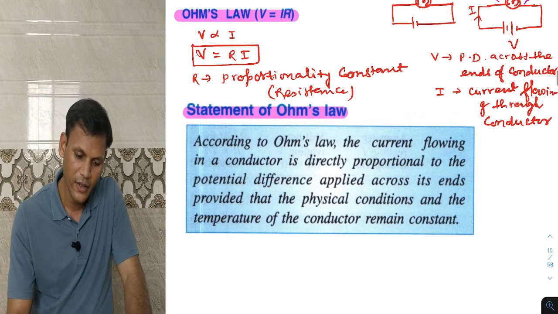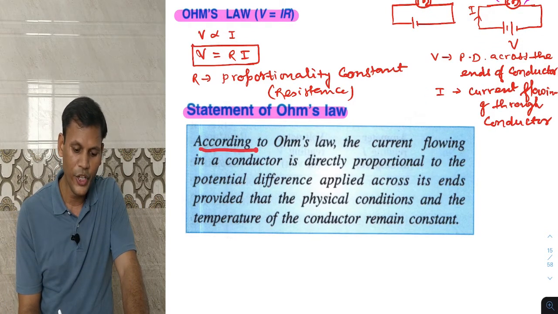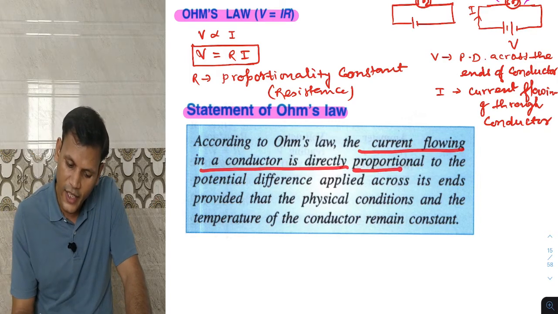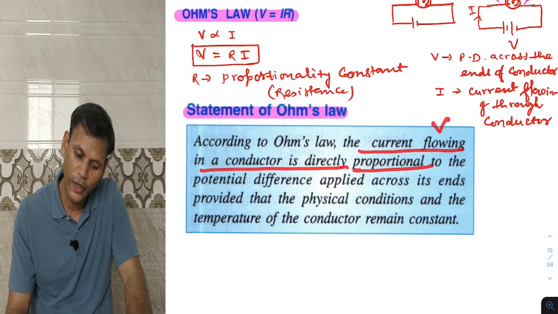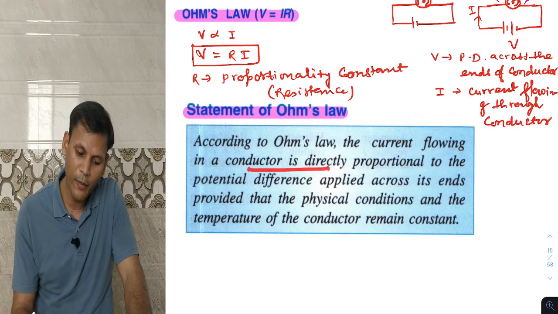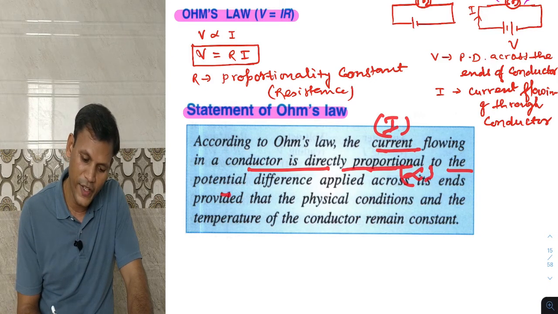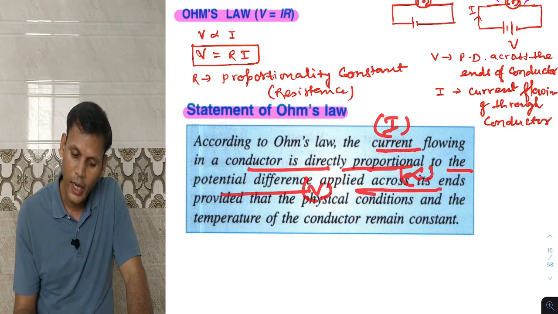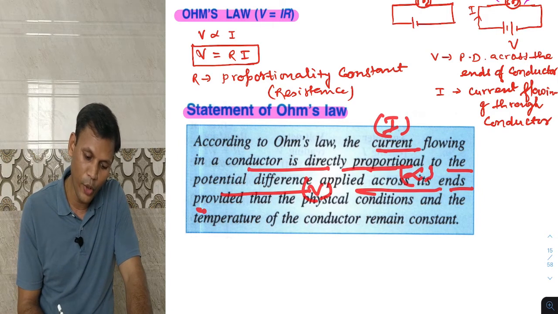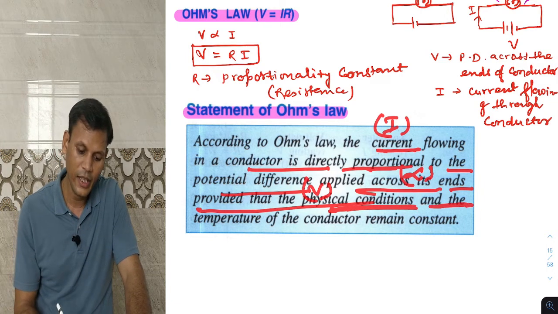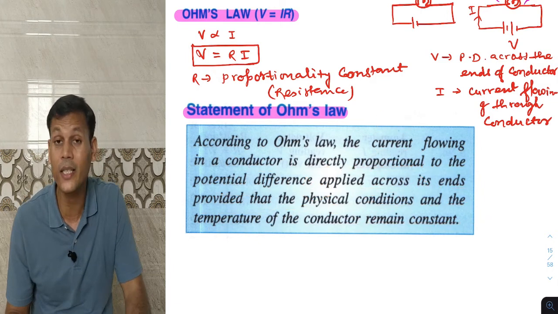Now, what is the statement here? According to Ohm's law, the current flowing through a conductor, I, is directly proportional to the potential difference, which is V, applied across its ends, provided that the physical condition and the temperature of the conductor remain the same.